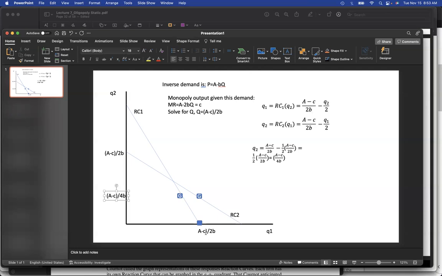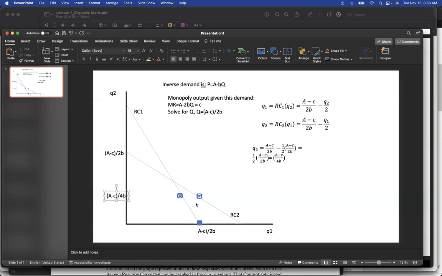Yung output ni Q1 is what? Anong tawag dito ulit? Monopoly output. Diba? Pag ito yung output ni Q2, ano yung ine-expect niyang output ni Q1? Monopoly output.